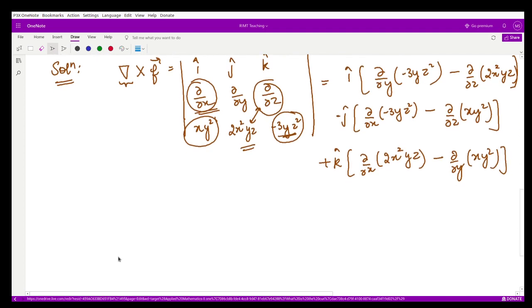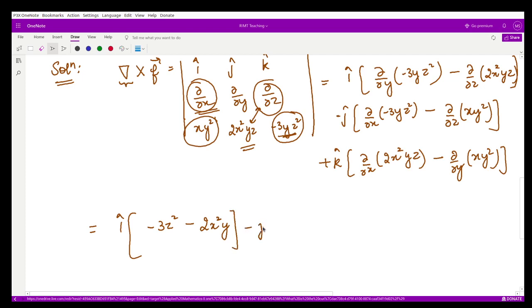So when you solve this and take out the partial derivatives, in this case we are taking the partial derivative with respect to y, so x and z are constants. That means we have minus 3z square. For the second quantity, we have minus 2x square y, right? And this is for i cap.